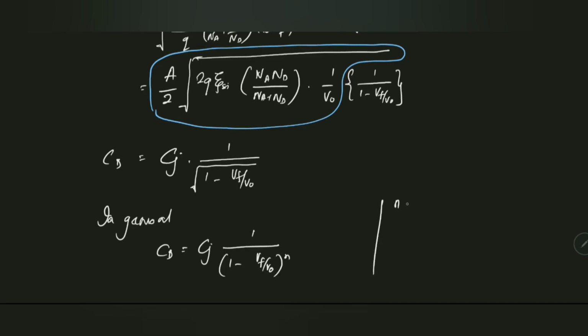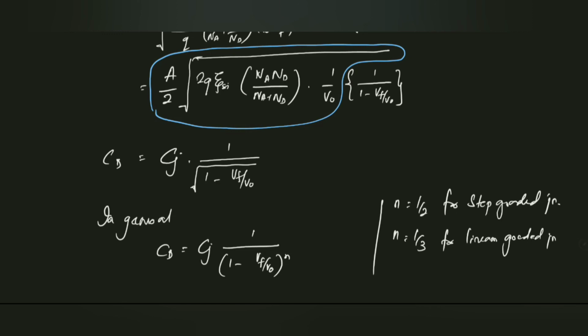And n, as I told you, is 1 by 2 for step graded junctions, and n will be 1 by 3 for linear graded junctions.